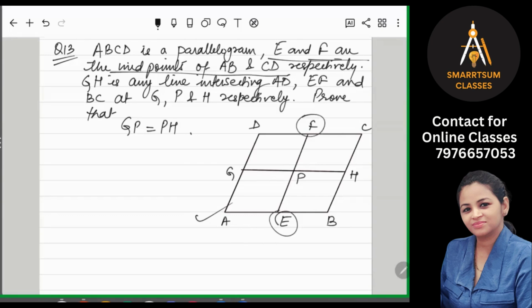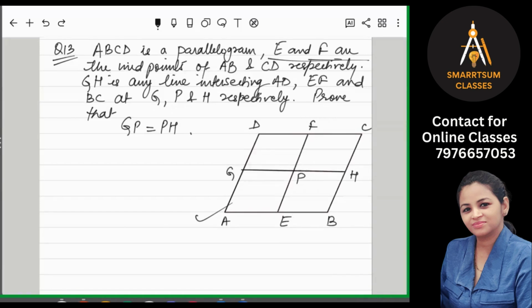Now, GH is a line, as you can see here, intersecting AD at point G, EF at point P and BC at point H. Now you have to prove that GP is equal to PH.